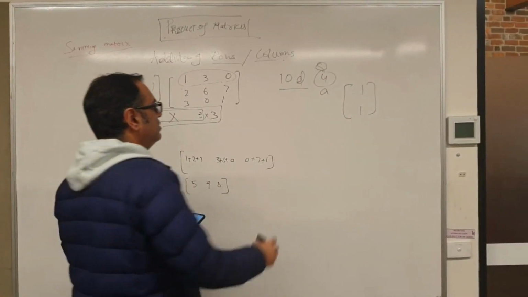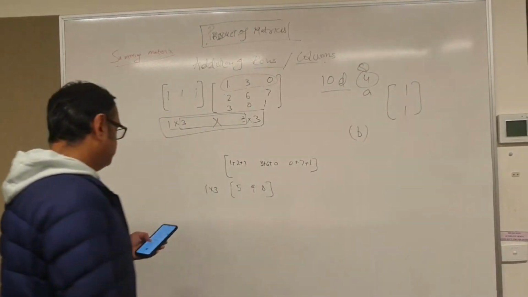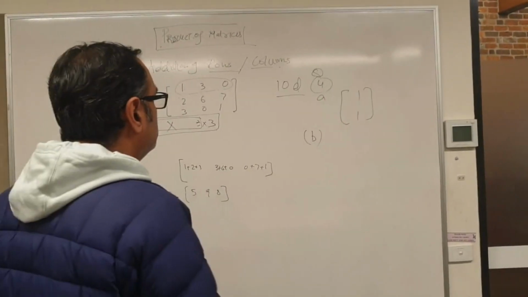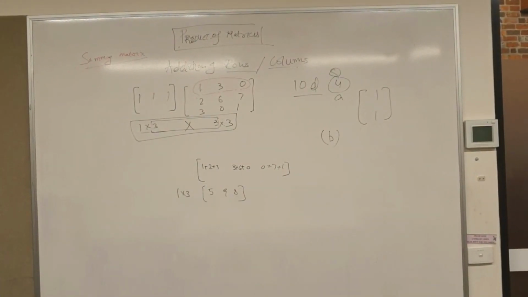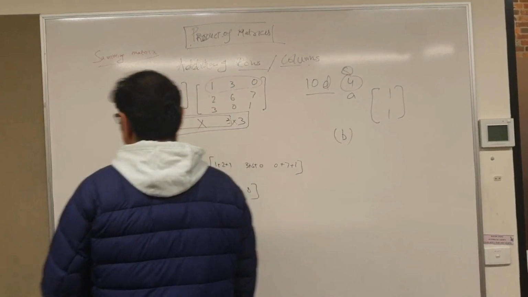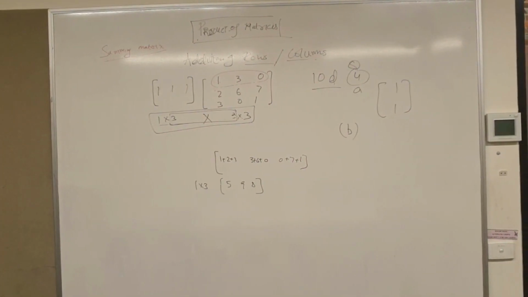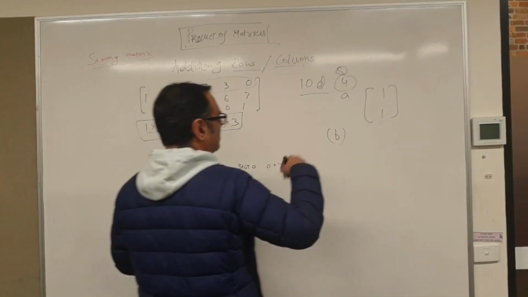And what about part B? Do you have the answer for that? No. Do you know how to do that? Yeah. I'll give you a minute. What is the matrix order for which you are summing?